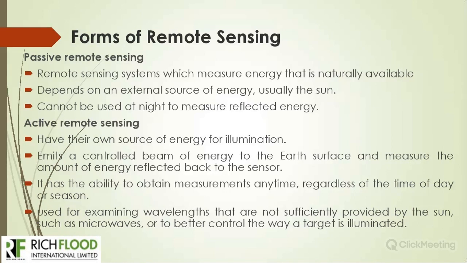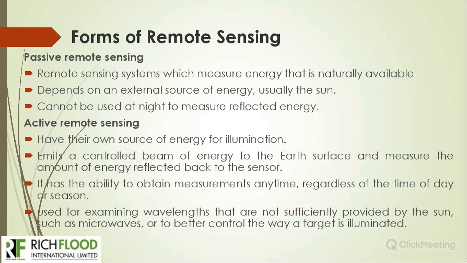So the passive remote sensing generally requires a natural source of energy, and it depends on the sun. The active remote sensing, on the other hand, has its own source of energy for illumination. You are going to see, in the next slide, the actual pictorial description of our diagram, trying to explain this further.